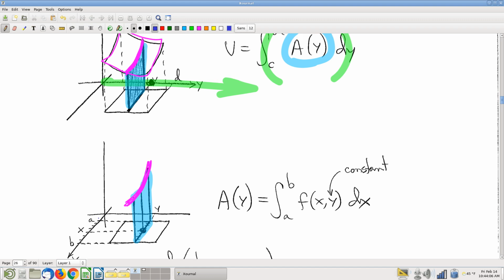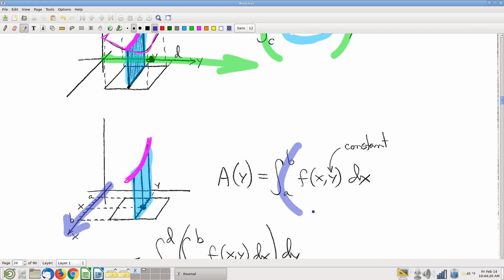So here we go. If you want to compute the area under a curve, you go in that direction. Notice we're going in the x direction. I want to use highlighter. There we go. We go in the x direction, and we do an x integral, and we compute area as an integral of height.